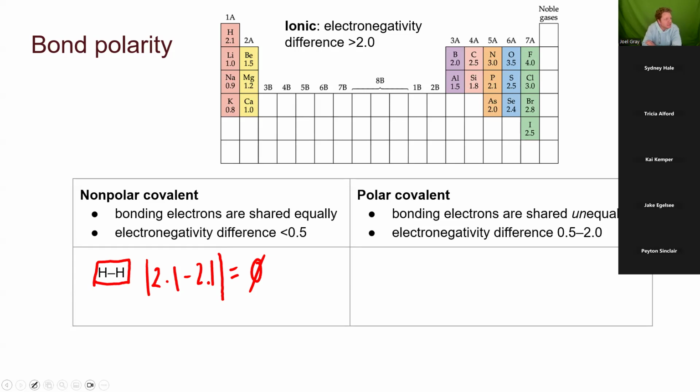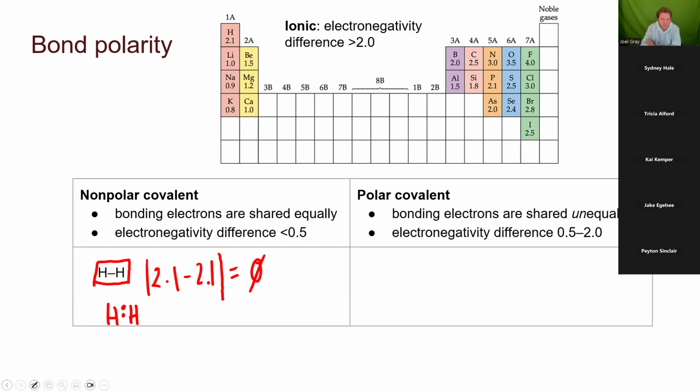So that means the electrons, and I'm going to draw the Lewis structure of this, those two electrons are equally shared between these two atoms. Does everyone follow that? Can I get a thumbs up in the chat? Okay. We're going to work on some more examples, so it might get a little bit trickier.